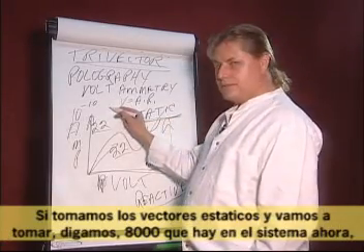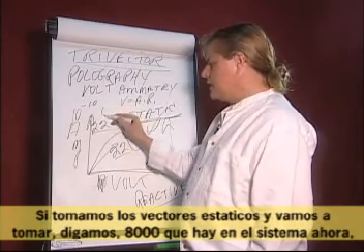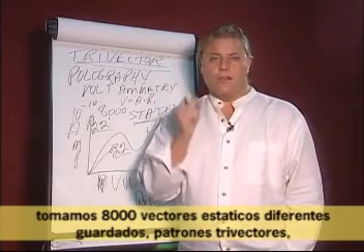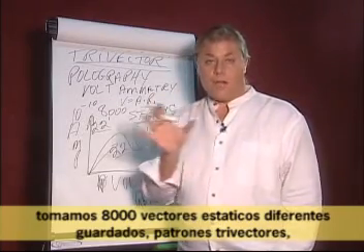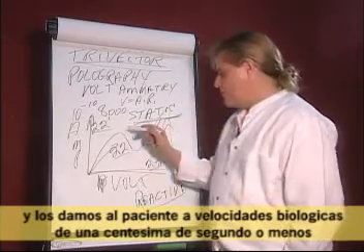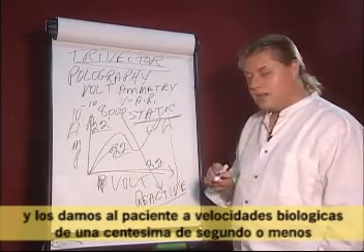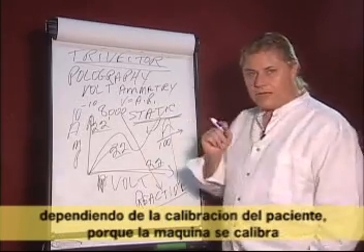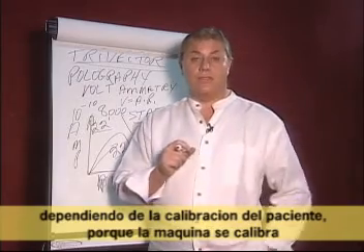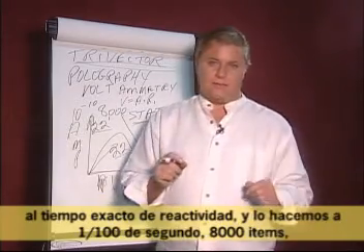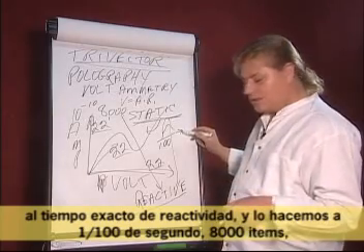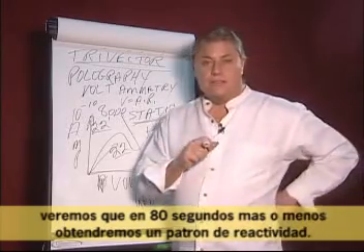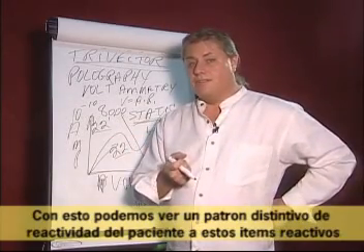Let's say we take 8,000 different stored static vectors, trivector patterns, that are in the system now, and we give them to the patient at biological rates of 1/100th of a second or less, depending on the calibration of the patient, because the machine's calibrated to the perfect reactivity time. If we do that at 1/100th of a second, 8,000 items, in about 80 seconds or so, we can get a pattern of reactivity.